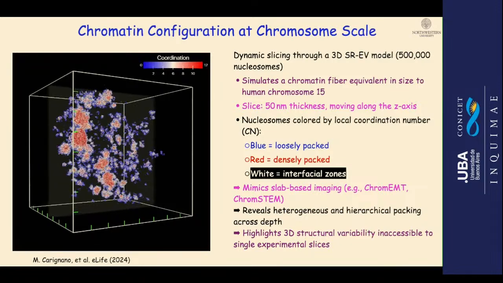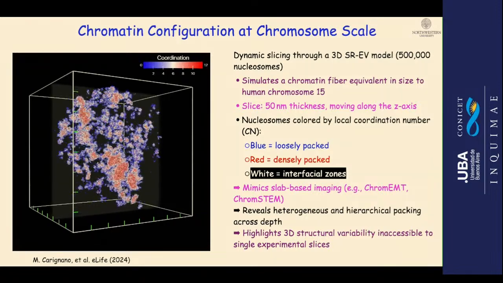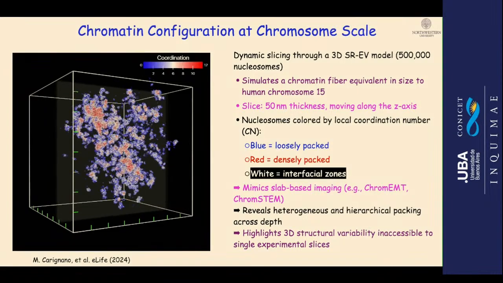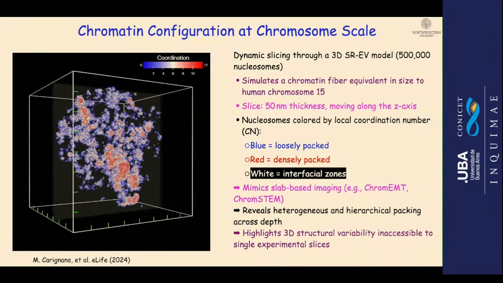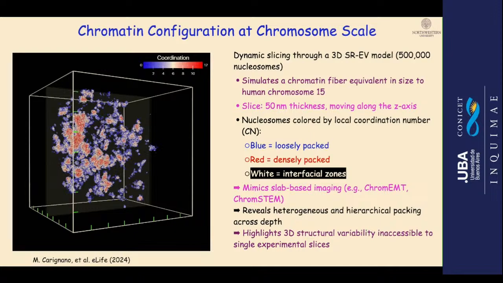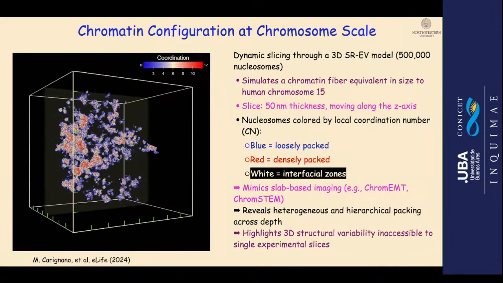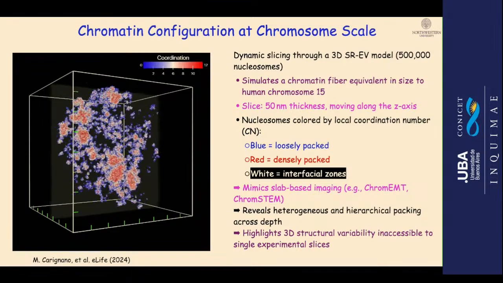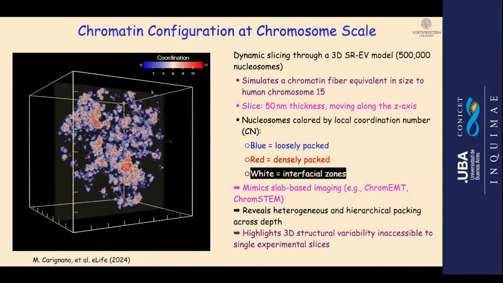We begin with a single 3D chromatin configuration generated by the SR excluded volume model, consisting of 500,000 beads, approximately the size of a human chromosome 15.